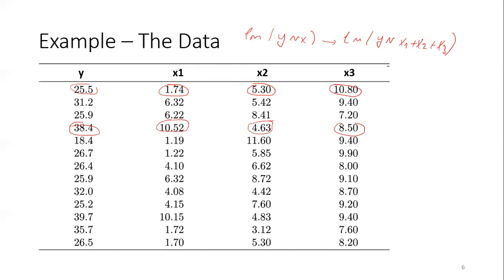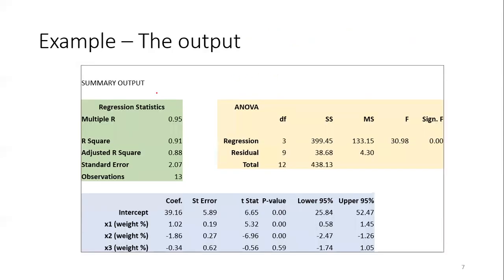This is what we will write in R, or we can just click in the data tab in Excel, say make a linear regression, and put these values there to get an output. This is the summary output from Excel. We will have similar results from R.